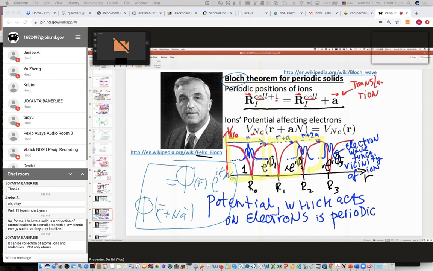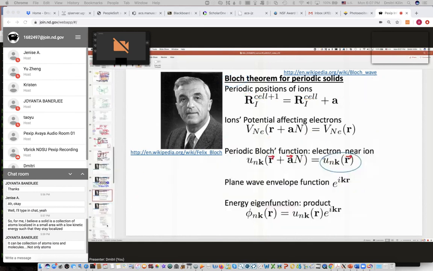The answer to this question was provided by Felix Bloch in the form of a theorem, and he tells us that the wave function has the same absolute value squared, but if we look at the phase, then the wave function shifted into the next periodic image will have a phase factor with an exponential, imaginary unit, k vector, and then the number of periodic cells.